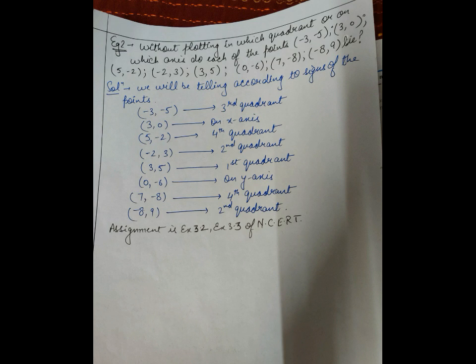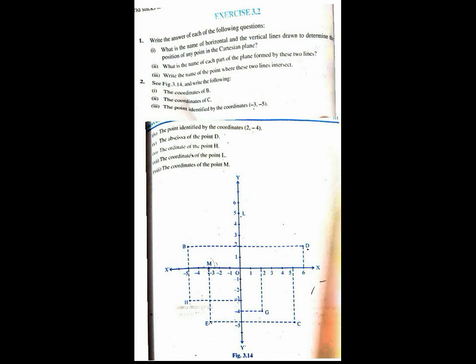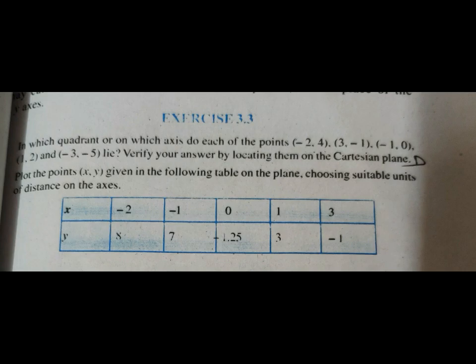Then (3, 0) lies on the x-axis. (5, -2) lies in the fourth quadrant. (-2, 3) lies in the second quadrant. (3, 5) lies in the first quadrant. (0, -6) lies on the y-axis. (7, -8) lies in the fourth quadrant. (-8, -9) lies in the third quadrant. Now on the basis of these two examples and the given information, you will be able to solve your given exercises.